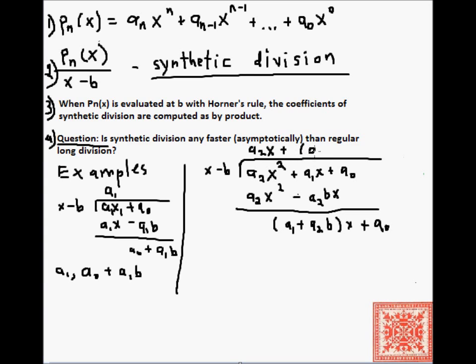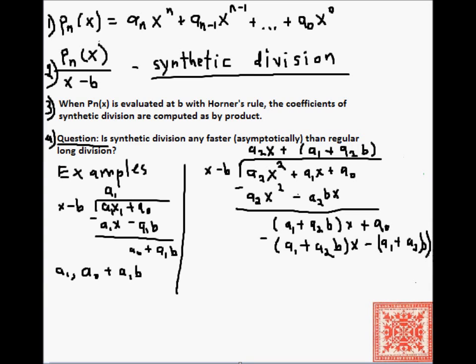Then the second factor is a1 plus a2b, because we are going to get rid of (a1 plus a2b)x. So we are going to multiply a1 plus a2b by x minus b, and we get (a1 plus a2b) times x minus (a1 plus a2b) times b. I'm running out of space here.